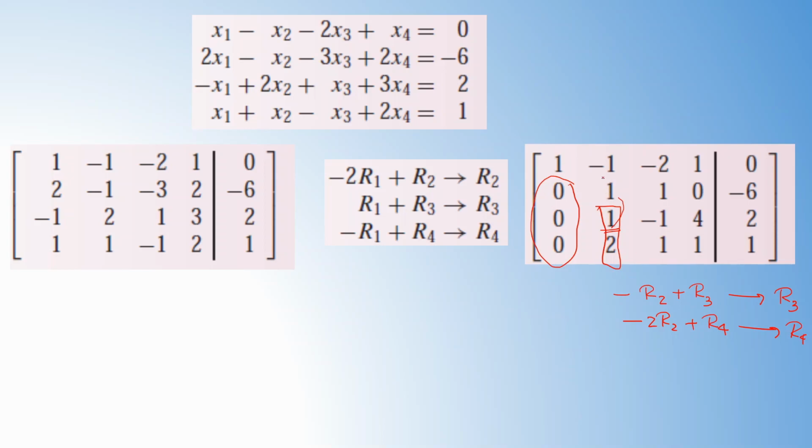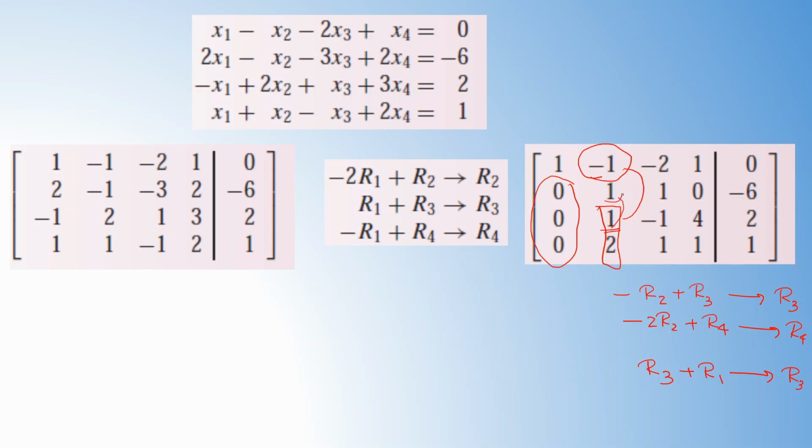Now we will do one more thing. I want to make this entry also into 0. For that purpose, we use the third row. We can multiply the third row by 1 and add it to the fourth row, so that we can make the entries above the 1 into 0.